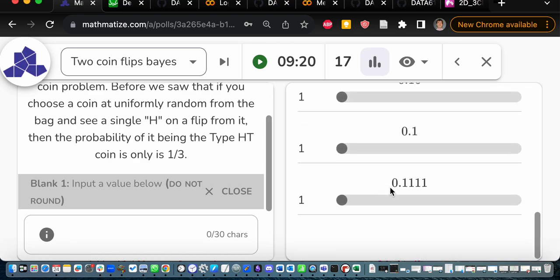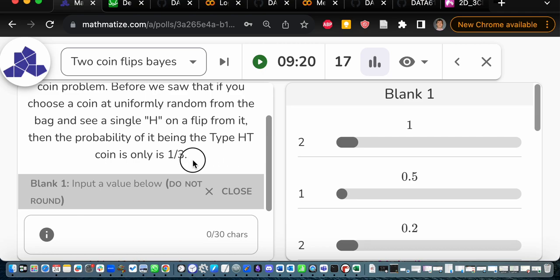So let's think. First of all, are we looking for a number that's going to be bigger or smaller than 1/3? Does someone want to say? You should be able to argue intuitively. Is it going to be bigger or smaller than 1/3? Smaller. Okay. Can someone explain why it's smaller? We've already seen heads twice, so it increases the probability that the coin is the heads heads type. Right.